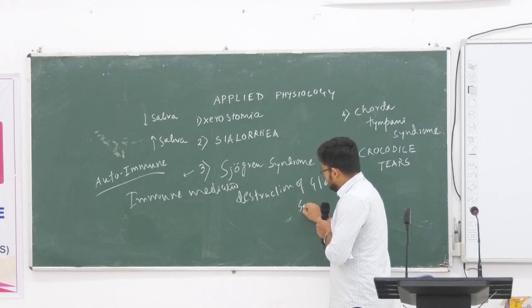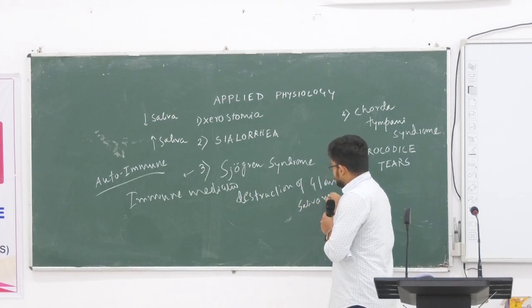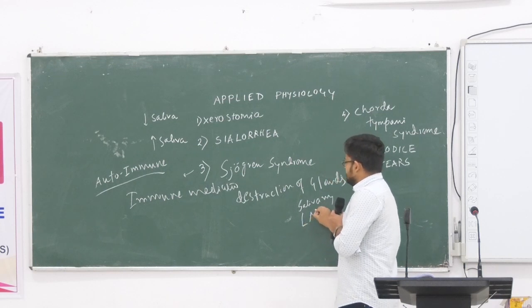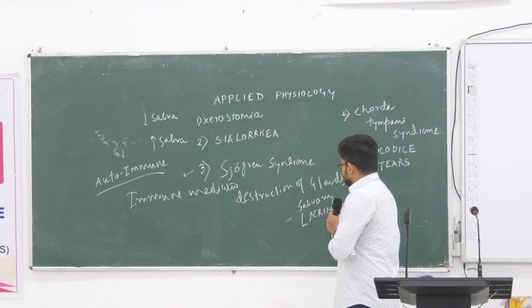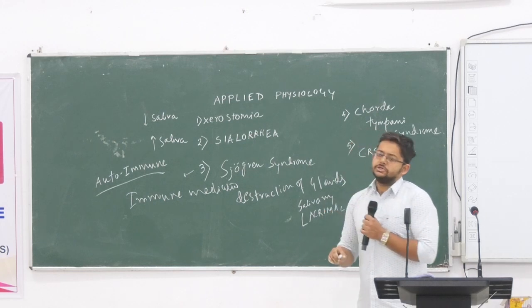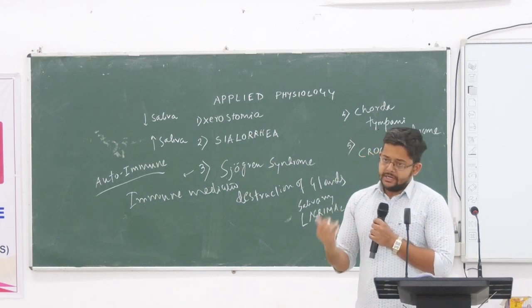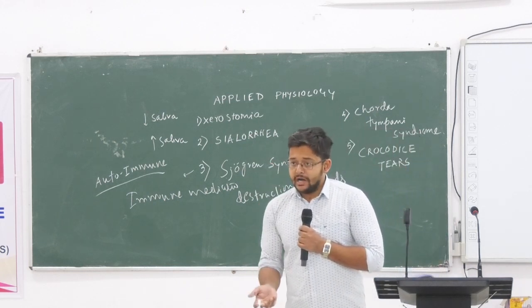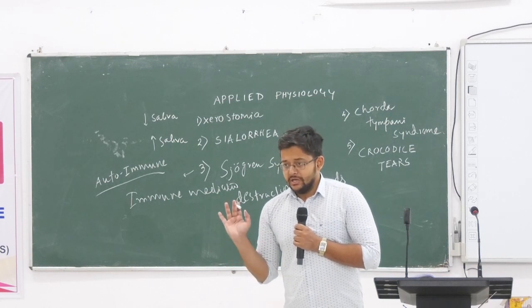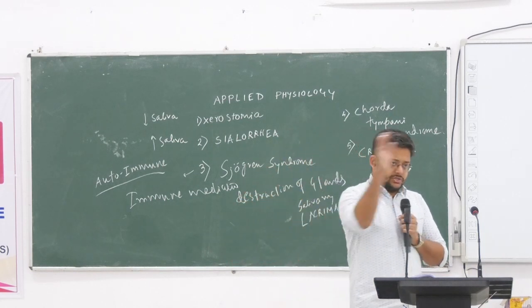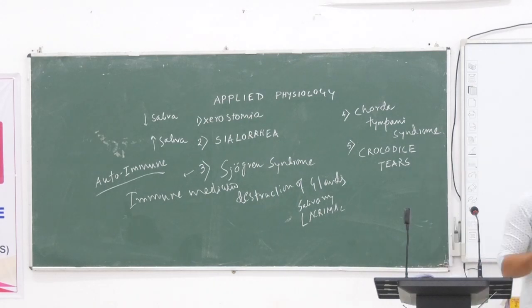It can be salivary glands. These glands might be destroyed. It can be lacrimal gland. So these people with Sjogren's syndrome will be complaining of dryness of mouth, dryness of eyes, maybe dryness of skin. So a multivariate presentation of this disease.